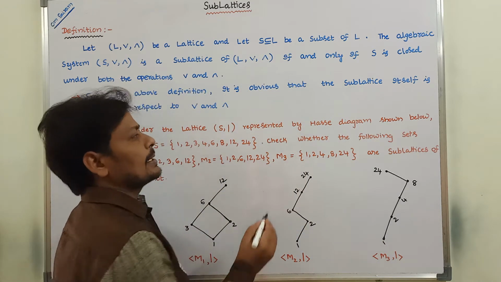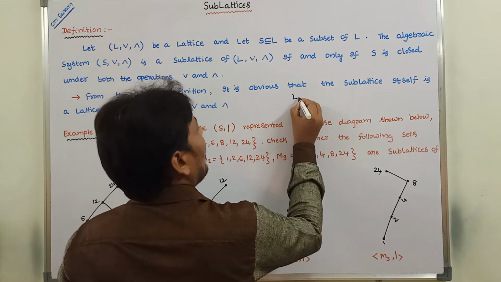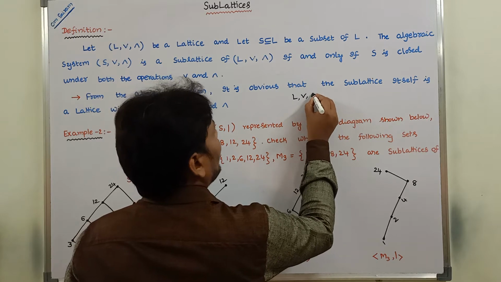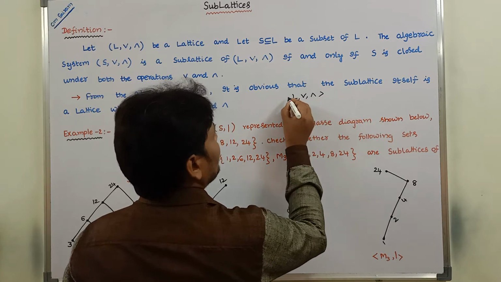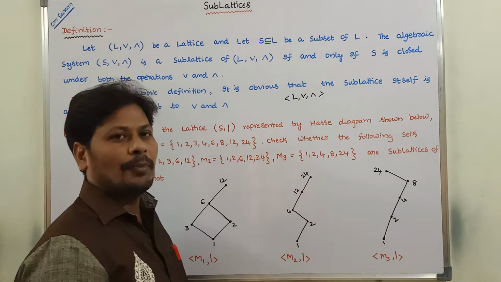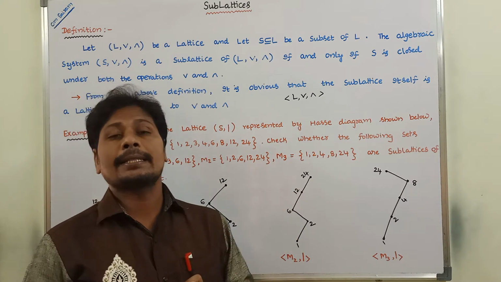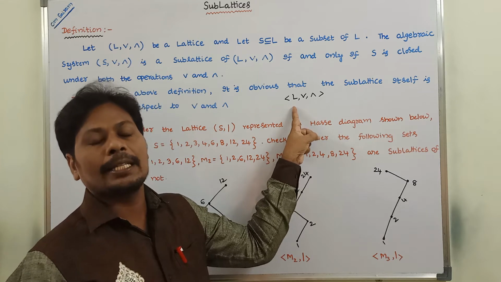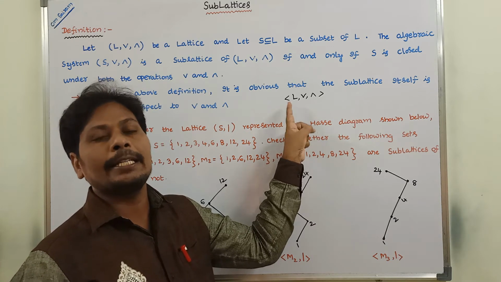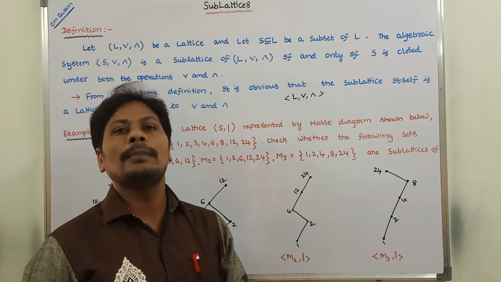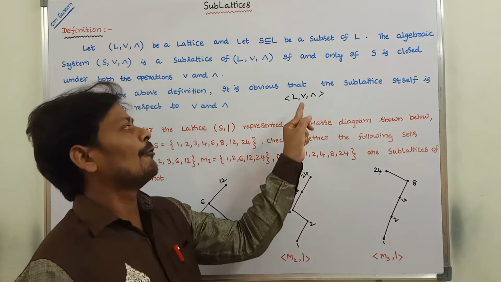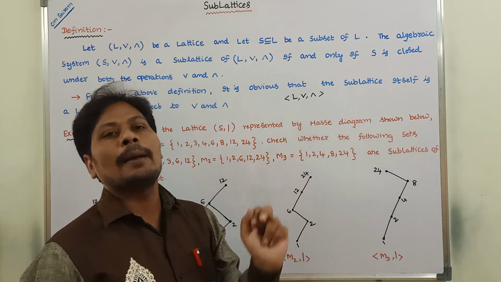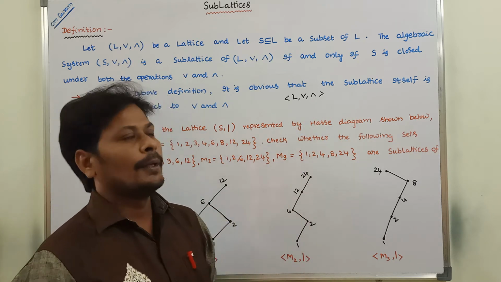Let us consider that L, join operation, meet operation is a lattice. Let L be a finite set. On that finite set, we perform two operations: one is the join operation, the second is the meet operation.